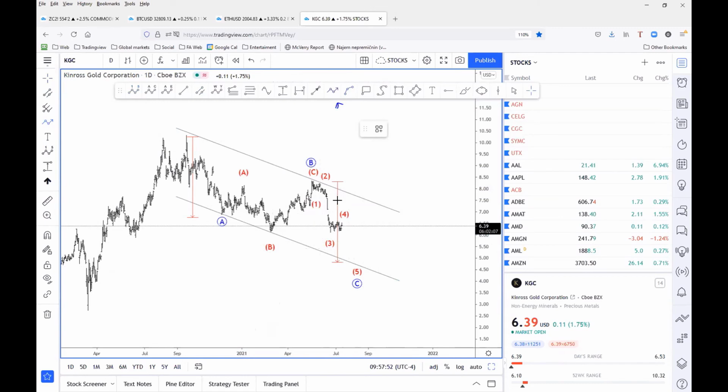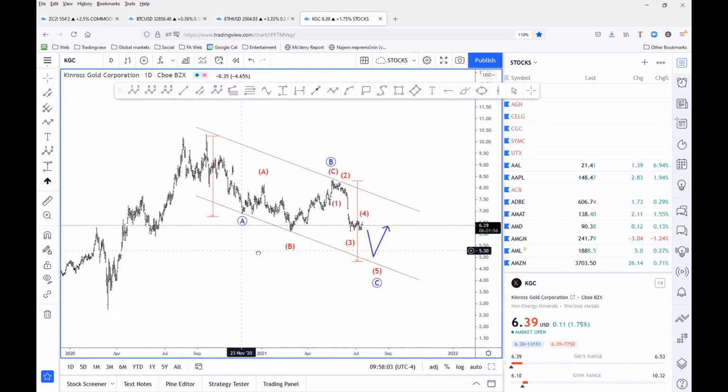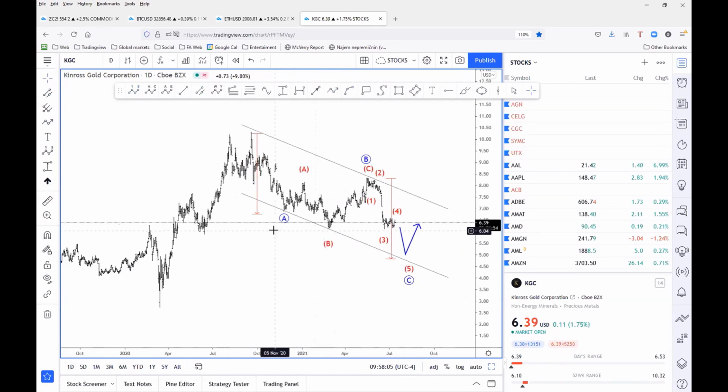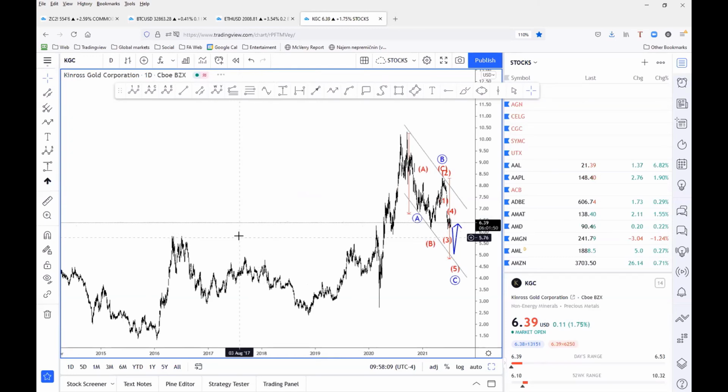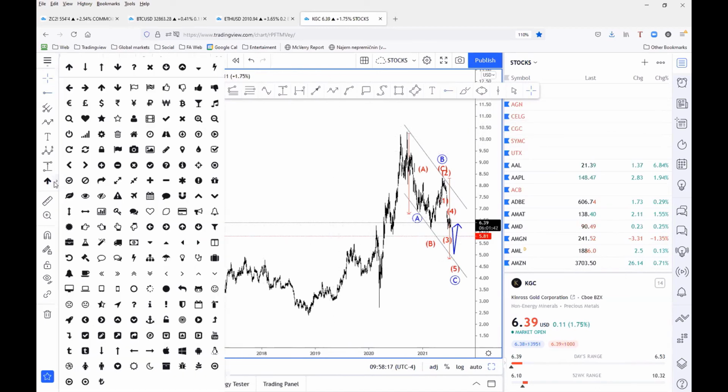Exactly. Looks actually a very nice pattern here. It is indeed. Clearly impulsive move higher, clearly corrective move lower. You also have a very strong support here.